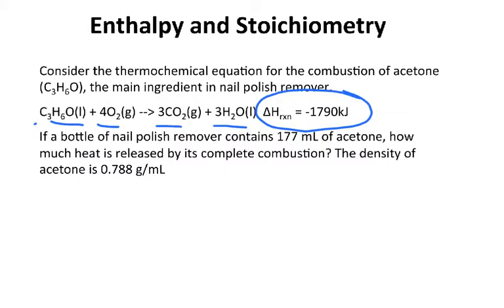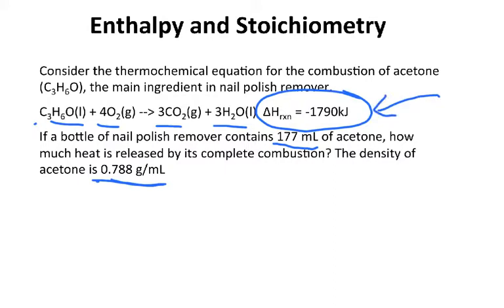If a bottle of nail polish remover contains 177 milliliters of acetone, we want to know how much heat is released by its complete combustion. And we have the density of acetone being 0.788 grams per milliliter.